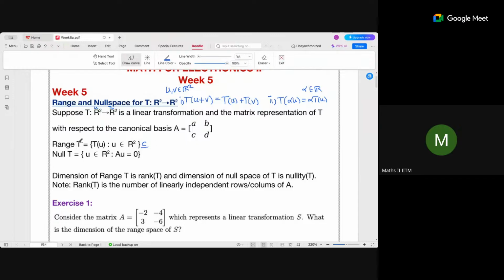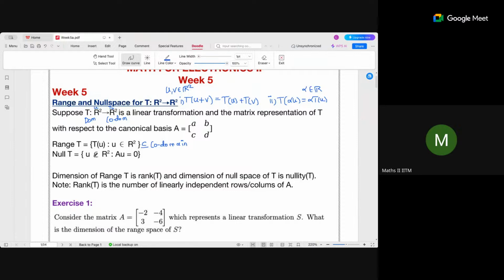So it is in the domain or codomain? Yeah, so this is domain, this is codomain. So it is a subset of the codomain. Why it is important is that later on we will be looking at a general scenario where you have m, n, not the same spaces. So from now on we can get used to these concepts here.